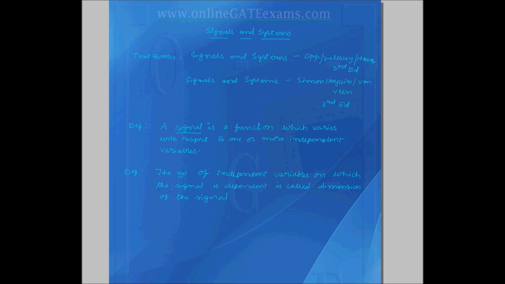So how do you define a dimension of a signal? It is the number of independent variables on which the signal is dependent. So it is called dimension of the signal.